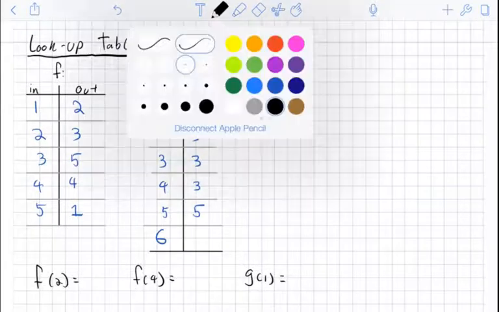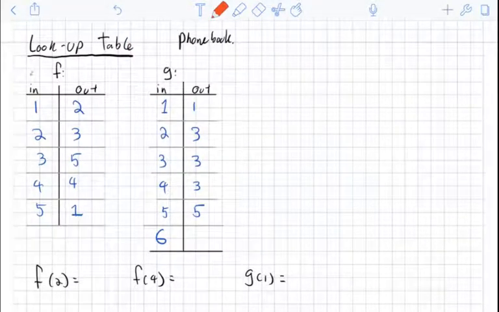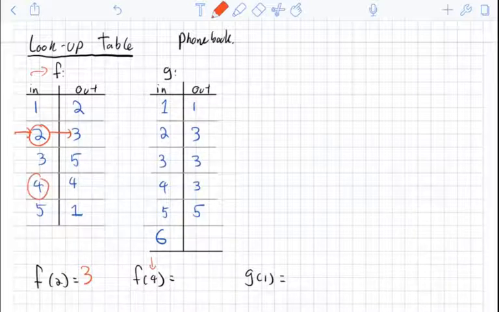So let's try evaluating some functions using a table. When f is equal to 2, that's this function. When it's equal to 2, you look at that input and then you look right across from it, where it's easy to see, 3. When f is equal to 4, the output is 4.